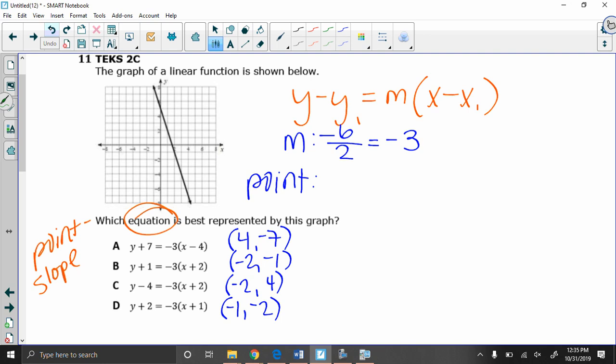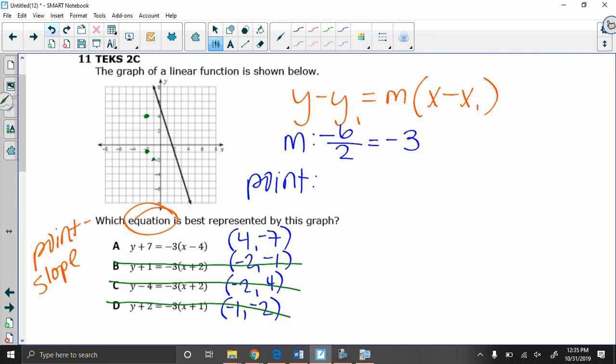For the -1, -2, well, that's not on the line, so it can't be D. -2, 4 is not on the line either, so that can't be it. -2, -1, well, that's not on the line either.